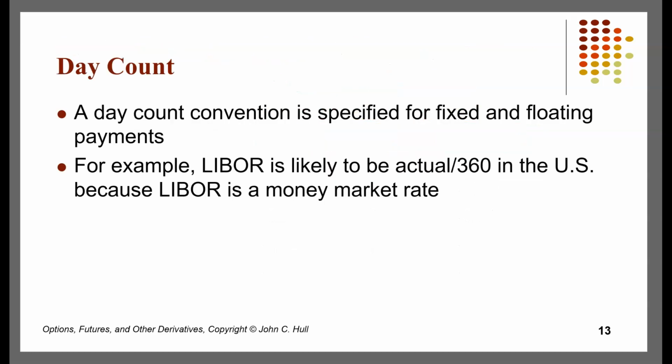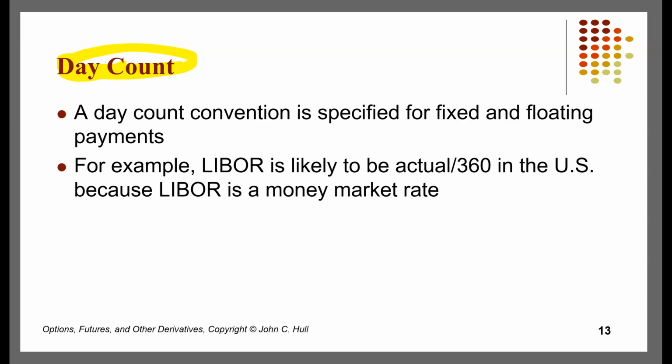Now, so far we've also ignored day count convention, but you remember that you have to account for day count convention, which we're not going to work with an example here. But what are the day count conventions, and why are they important? They're important because the fixed rate market utilizes a day count convention that's different from the floating rate market.